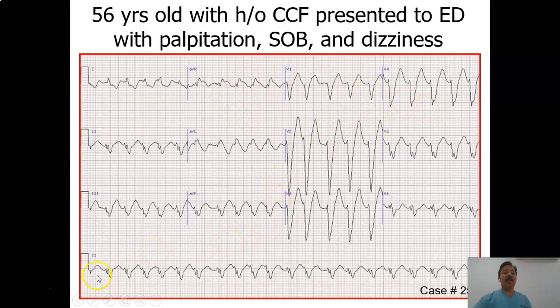Let's follow step-by-step approach. So rate, as this ECG looks irregular, we'll follow the 6-second method. You have to take the 30 big boxes which are equal to 6 seconds. The heart rate is 90 or 100, even more than 100.